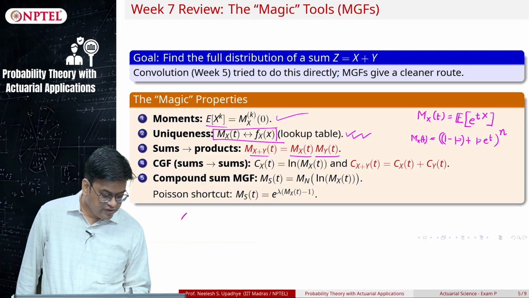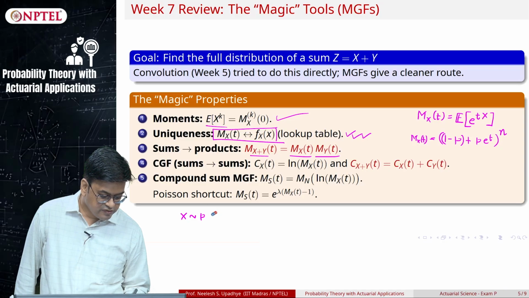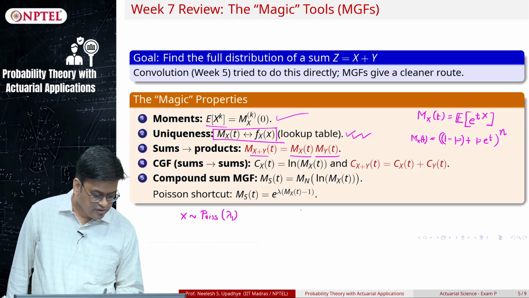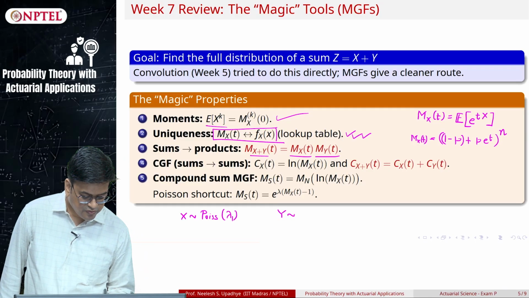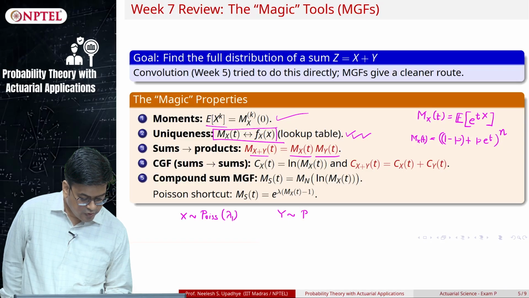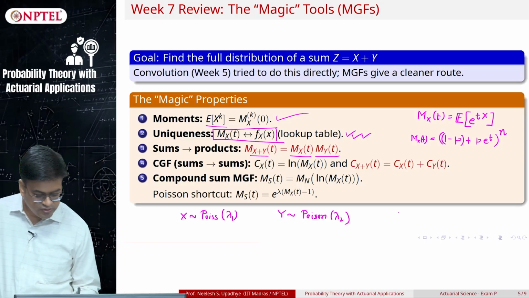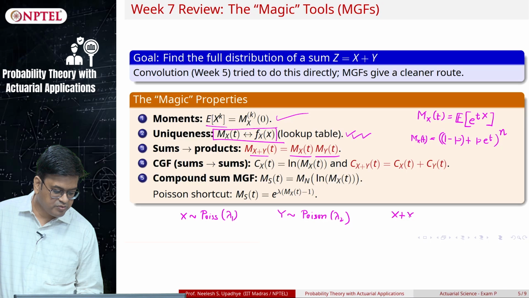For example, if I have x which follows Poisson with parameter lambda 1, y which follows Poisson lambda 2, then I am interested in knowing the distribution of x plus y.